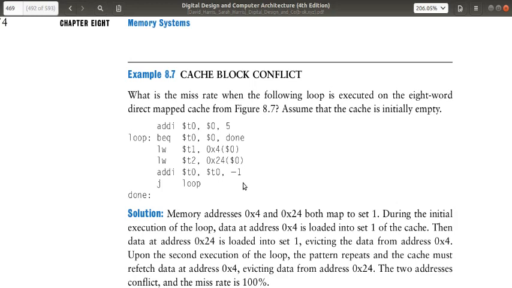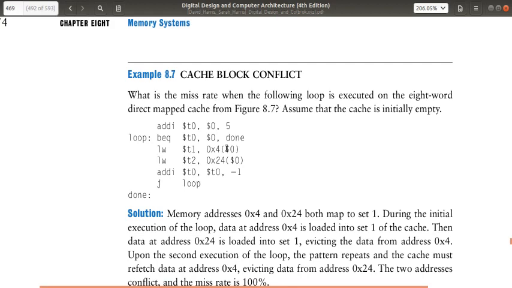Now let's see another question. What is the miss rate when the following loop is executed in the 8-word direct mapped cache from figure 8.7? Assume the cache is initially empty. Let's see what memory access operations are coming here.